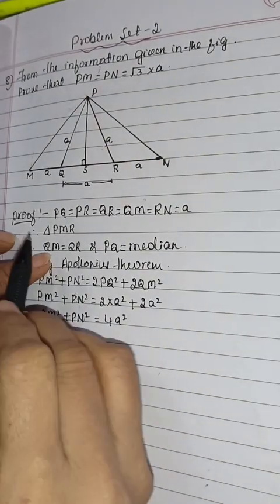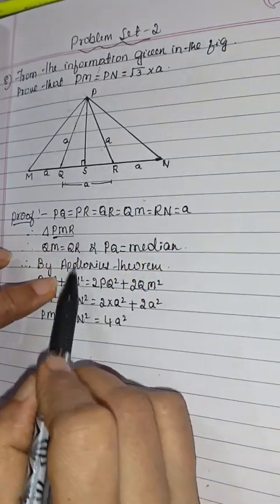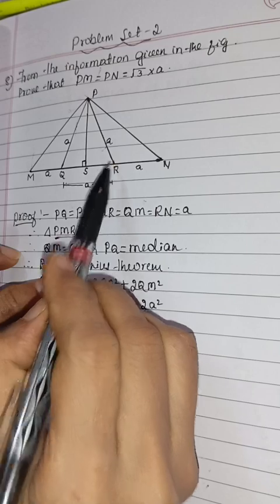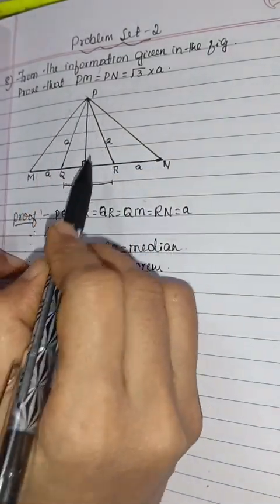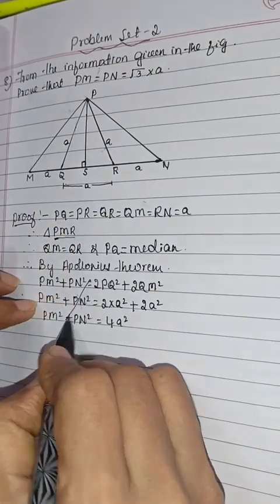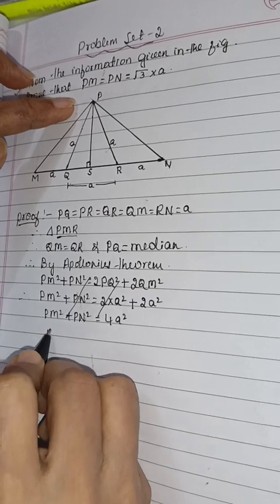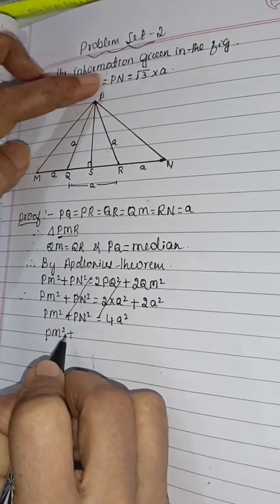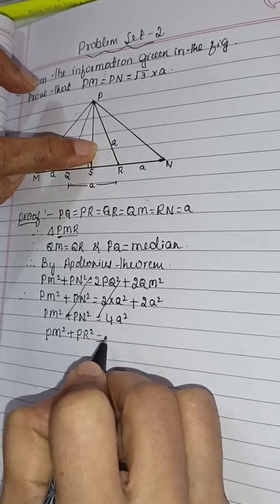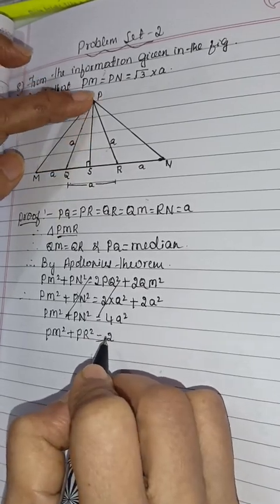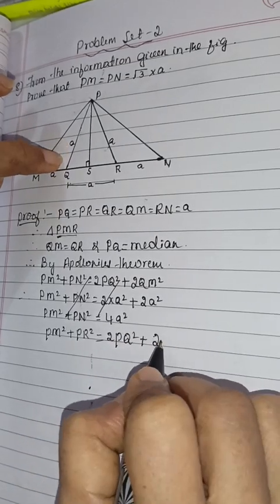See, in this form we took only triangle PMR, so it should be PM square plus PR square, not PN square, not the whole triangle. We took only PMR. Therefore, by the Apollonius theorem, PM square plus PR square equals 2 PQ square plus 2 QM square, since this is the median.